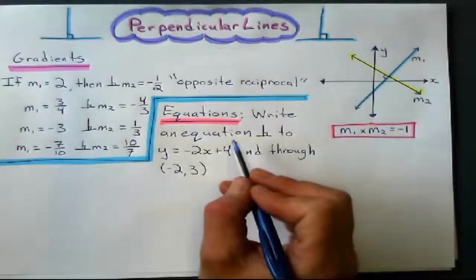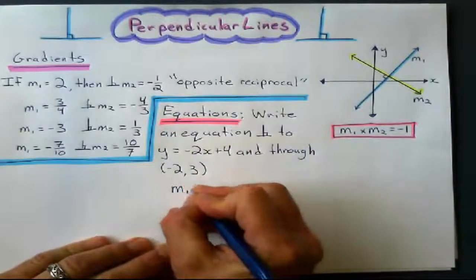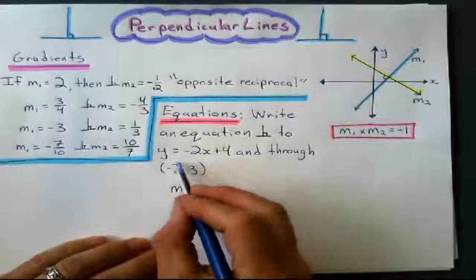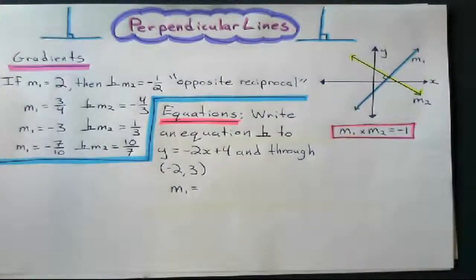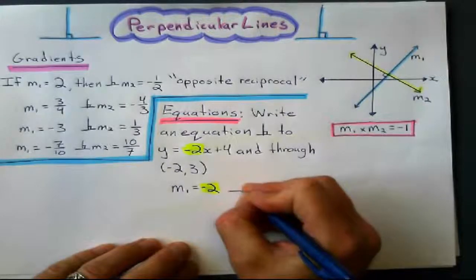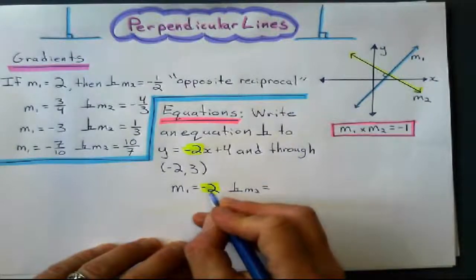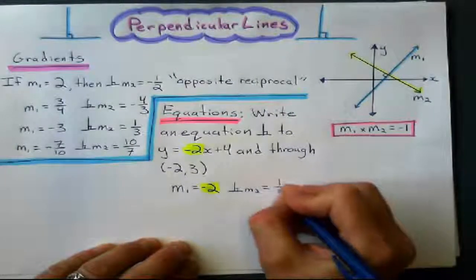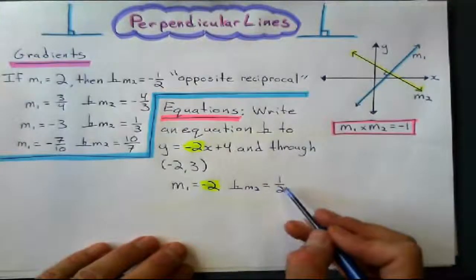First let's figure out the gradient of this line. It's written in gradient-intercept form, so the gradient is just -2. Therefore the perpendicular gradient is going to be the opposite reciprocal, +1/2. You don't need to put the positive sign. And this is the gradient you use when you write your equation.